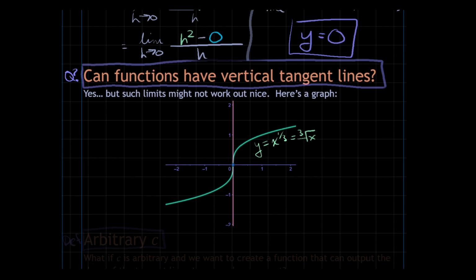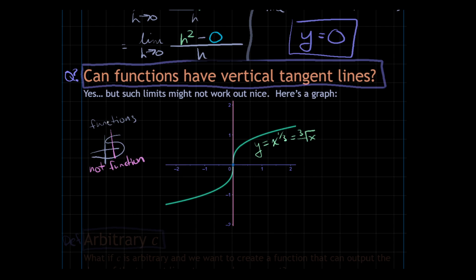But functions don't like vertical lines, right? If you had a graph like that, that's going to fail the vertical line test. That's not a function.